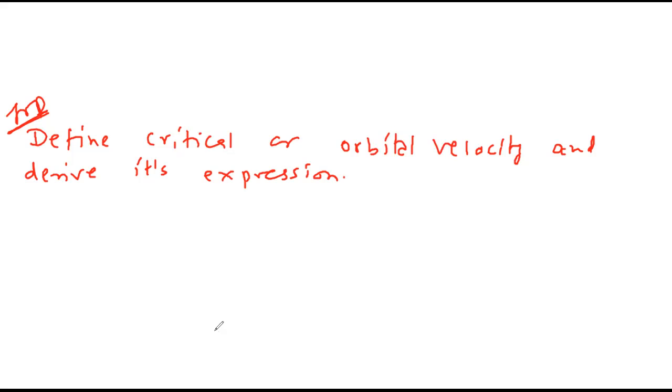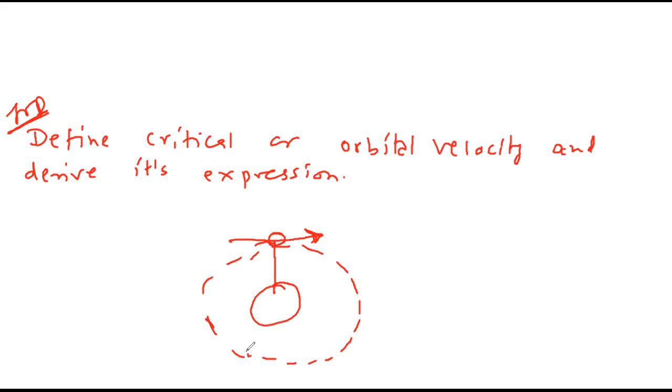Now suppose this is Earth. Then the satellite to be launched is taken vertically upward and then it is fired horizontally. Every time it will not revolve. If it is revolving, then that velocity is called critical velocity. If it is not revolving, what will happen?